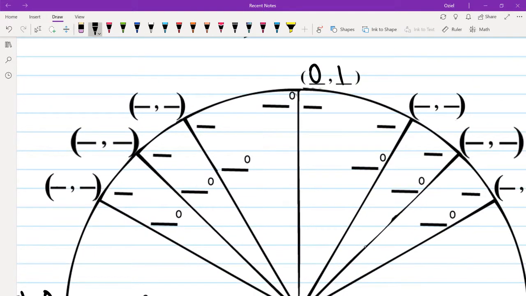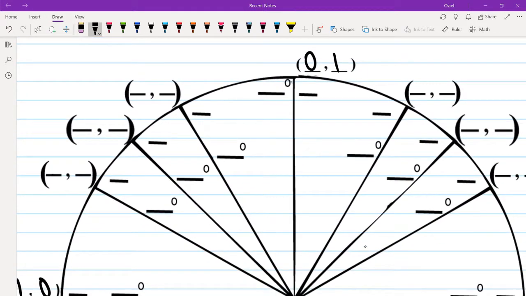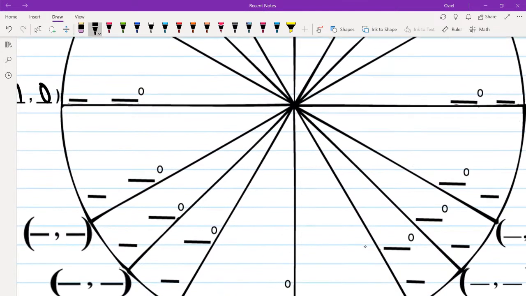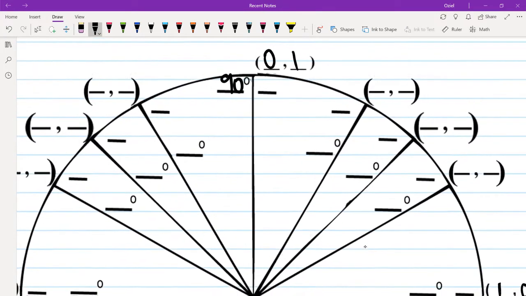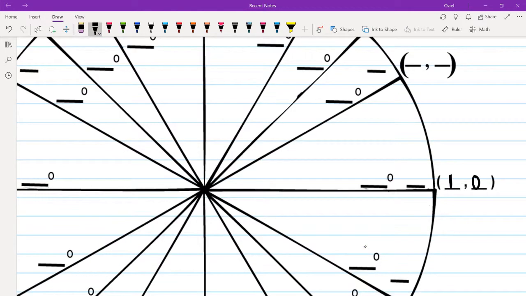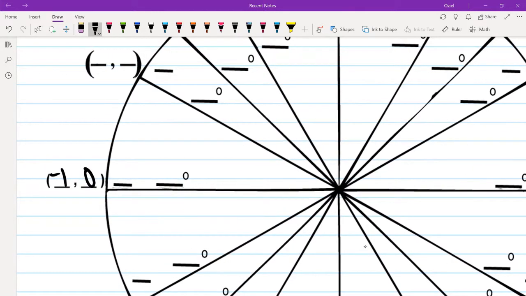So, the hard part starts when you have to label your degrees and your radians, as well as your coordinates.